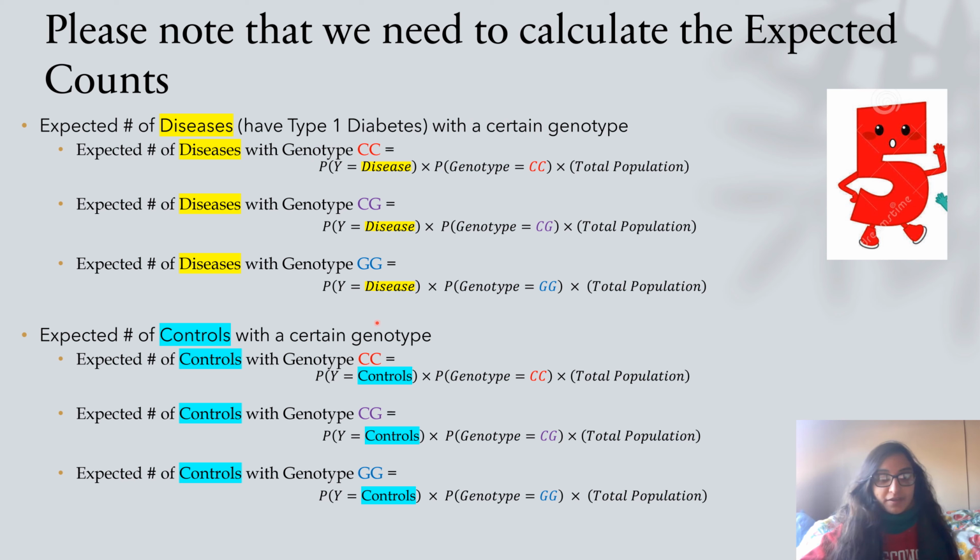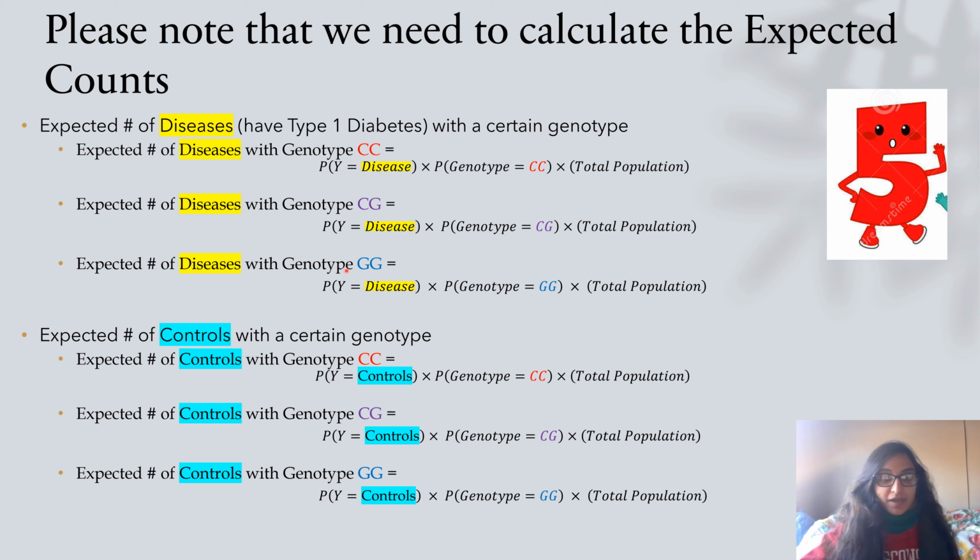As we go over here, the only difference is that I'm just changing the genotype based on what we're looking for. So the expected number of people who have the disease and the genotype CG would be the probability of having the disease times the probability of having that genotype CG times the number of individuals in the whole population.